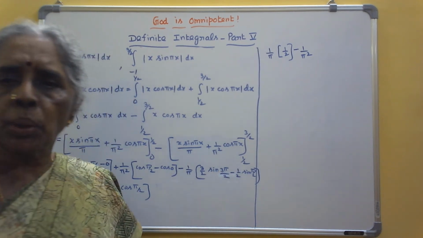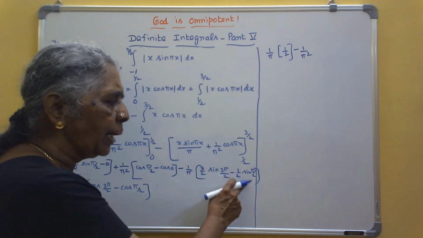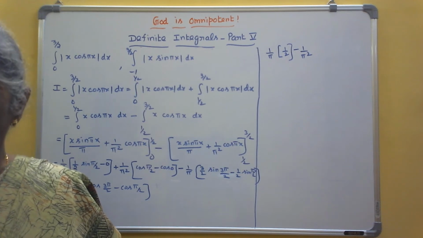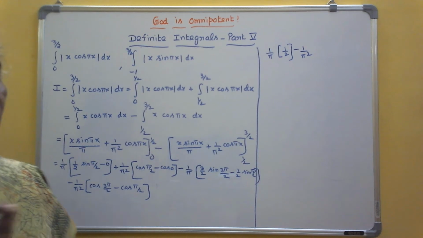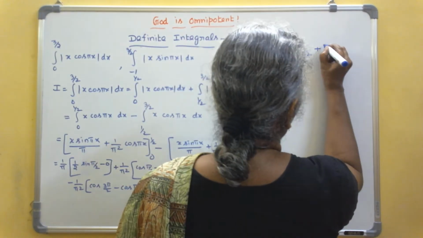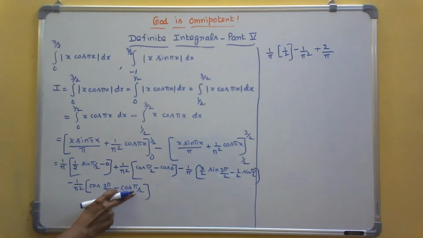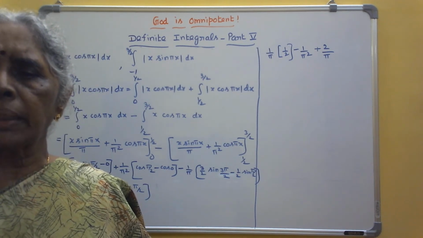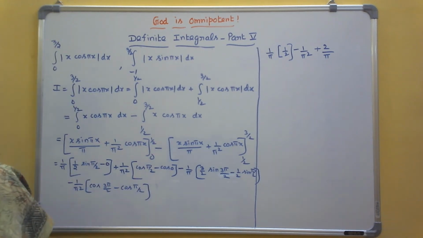Sin pi by 2 is 1, so minus half. So minus 3 by 2 minus half will give you minus 2, right? Outside there is a minus, so you will get plus 2 by pi. Coming to the last term, cos pi by 2 as well as cos 3 pi by 2 are both 0. Any odd multiple of pi by 2 is 0, so the fourth term vanishes.